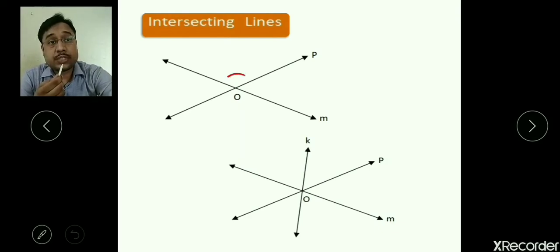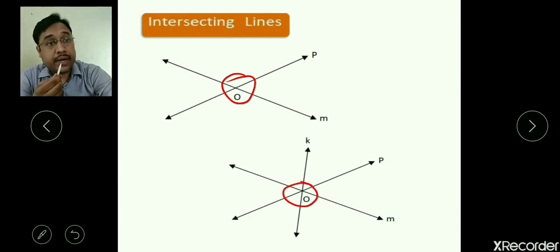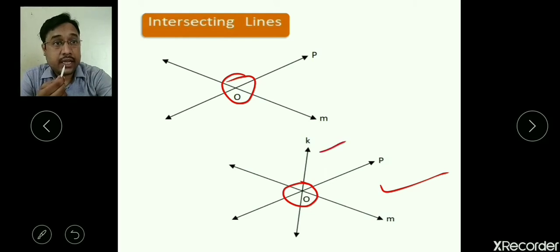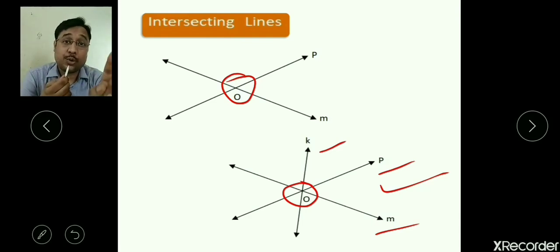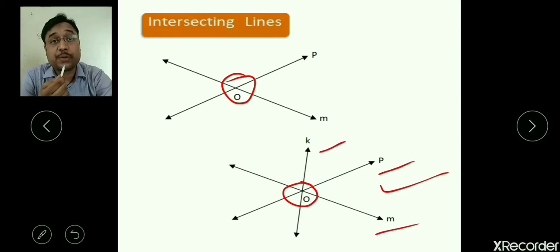Here I have shown this point O is the common point. Here also the point O is the common point. But in this figure you can see three lines are intersecting: line K, line P and line M. These three lines are intersecting at a common point O. So this is the condition, students, that all these lines should intersect at a common point.